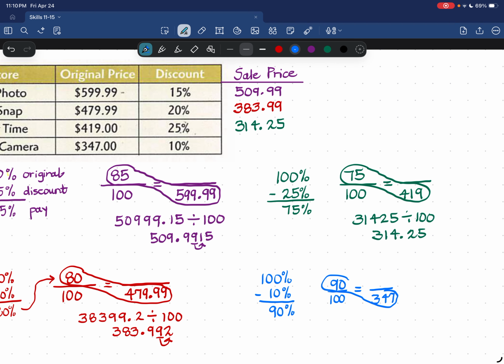So let's multiply those two. Don't forget to clear your calculator between camera stores. You divide that by 100 and you get $312.30.